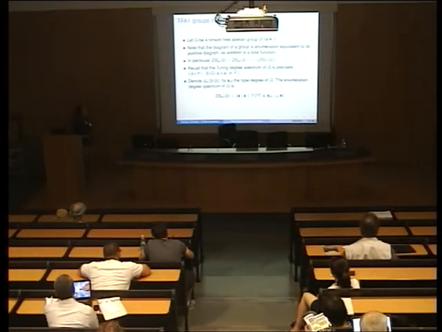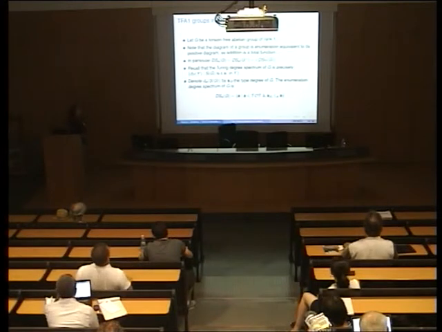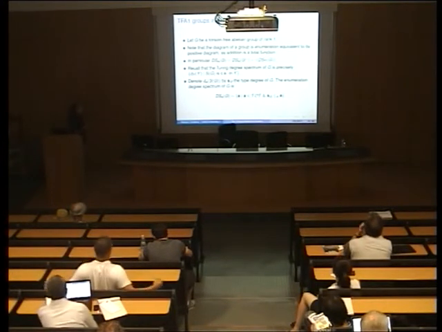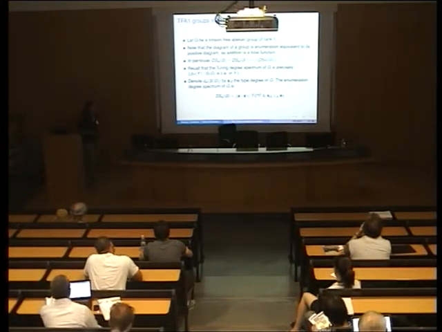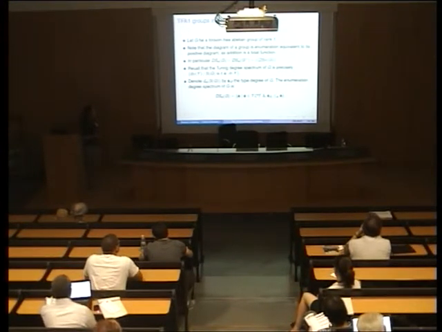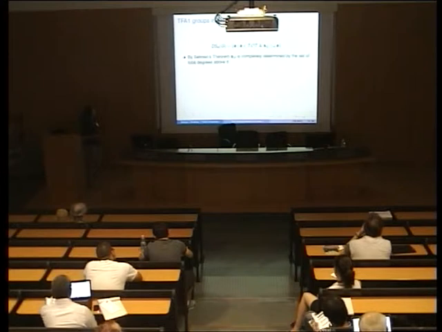Then the enumeration degree spectrum of G is going to be precisely the total enumeration degrees that are above SG. So here, things become a little bit more ordered already, and we can reason about this with our tools.